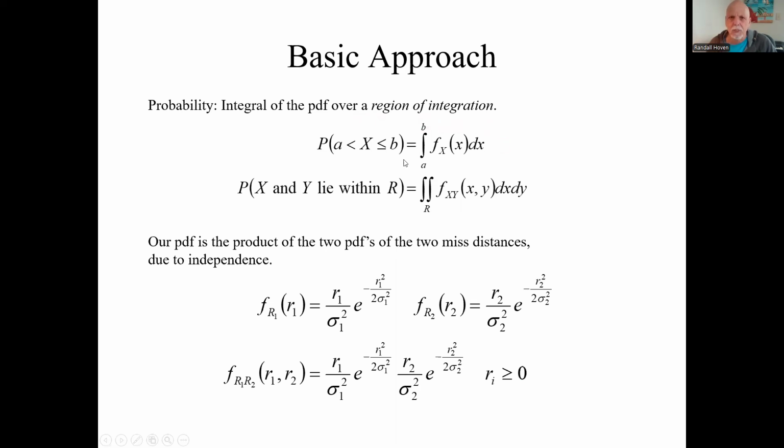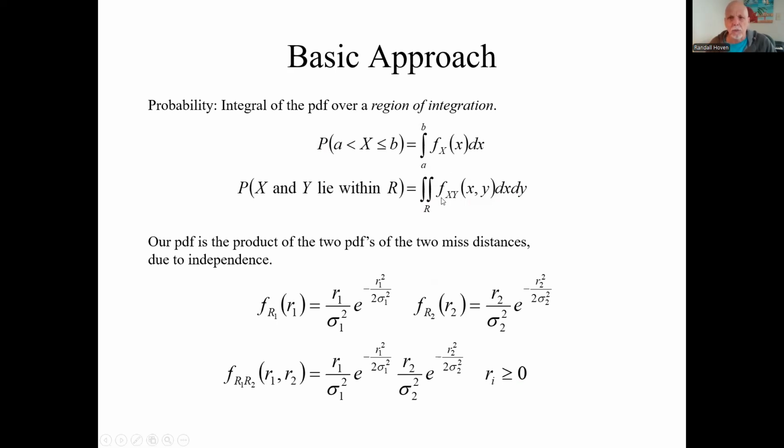If you have just a single variable, the probability that X is in the interval between A and B is just the integral of the PDF from A to B. If you've got two random variables, a bivariate PDF, you have a double integral over the region of integration, which is in the XY plane, the plane of your random variables.